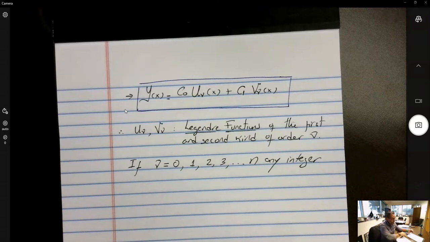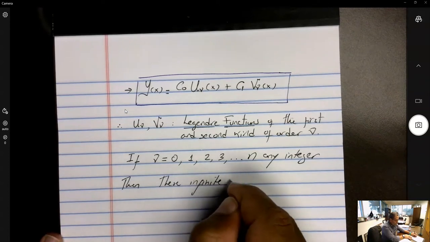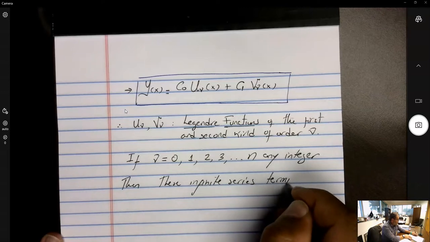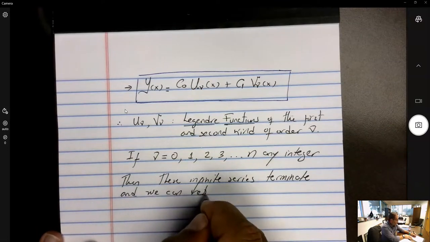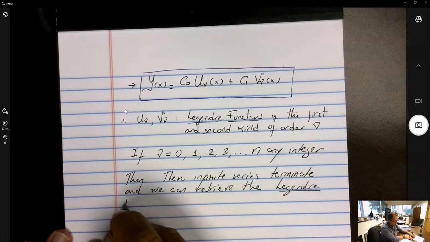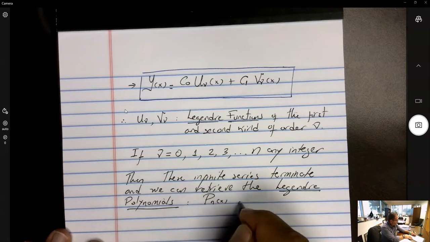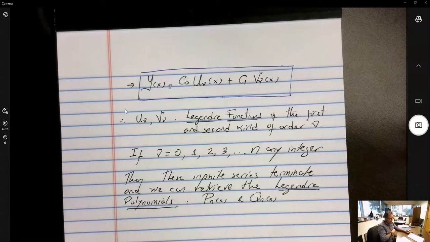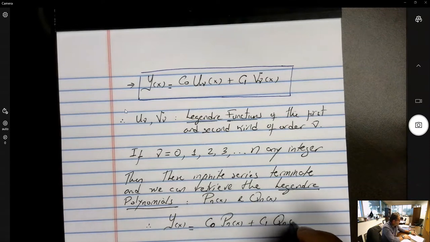But it turns out that if nu is an integer, then these infinite series terminate, both the even and the odd, and we can retrieve the so-called Legendre polynomials, Pn of x and Qn of x, such that the solution y of x will be in terms of these Legendre polynomials, C0 Pn of x plus C1 Qn of x.